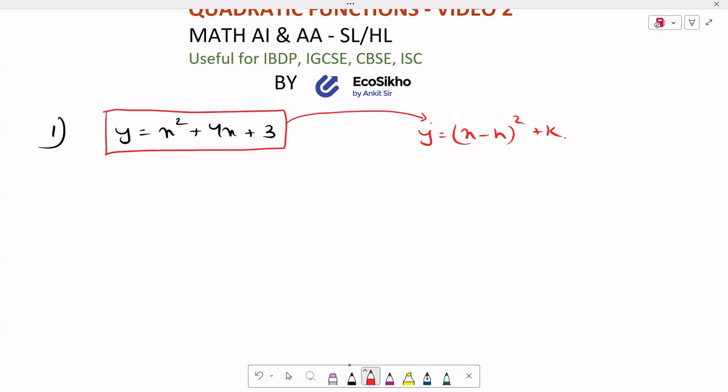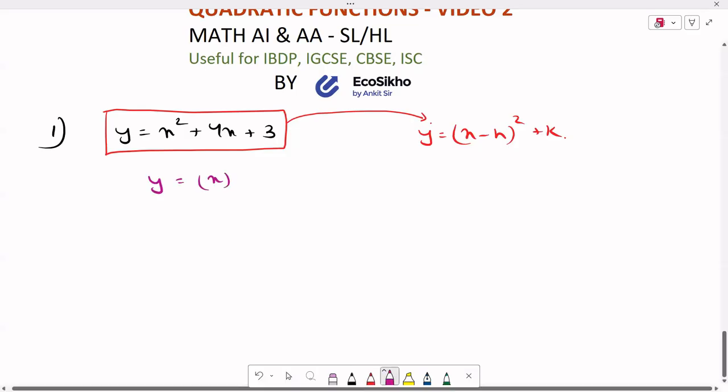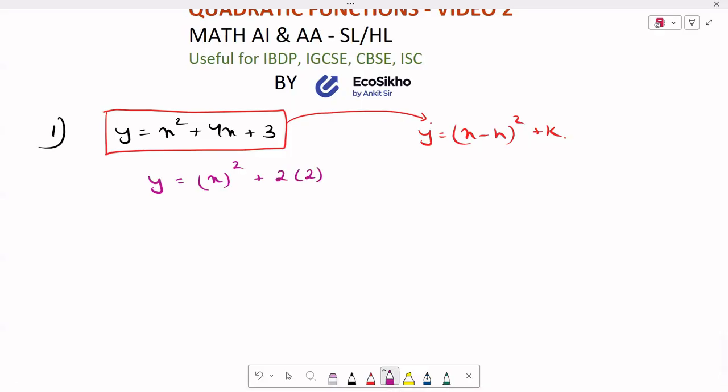So this equation can be written as y equals x whole square plus 2 times 2 times x, plus, let me add a 4 here and let me subtract a 4 here, and plus 3. So I have added a 4 and a minus 4.